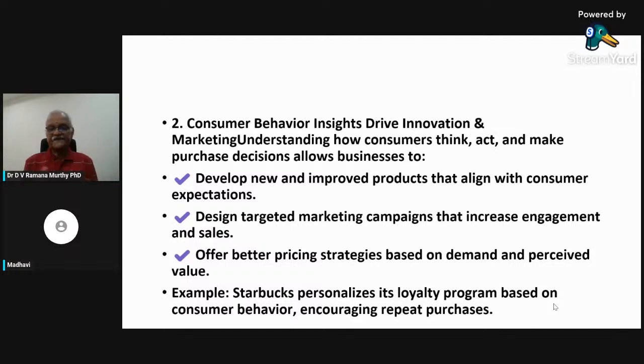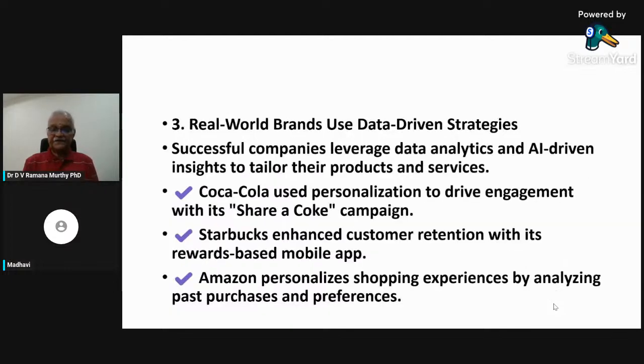Starbucks personalizes its loyalty program, Netflix too, like everybody in the marketplace today. Everything is based on consumer behavior, and we need to understand the market, and encourage repeat purchases. New customers might be invited with new market campaigns, discounts, and all that.